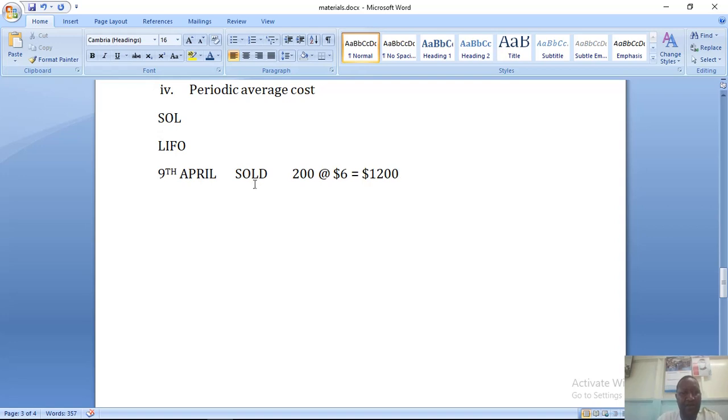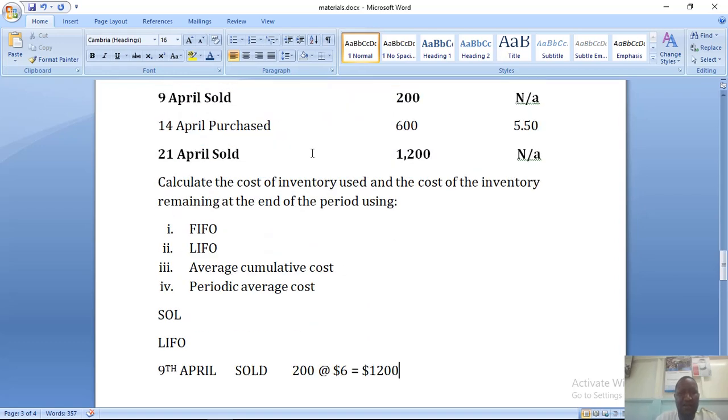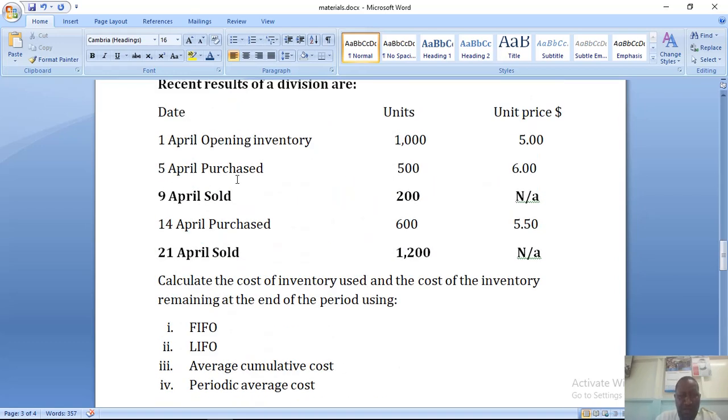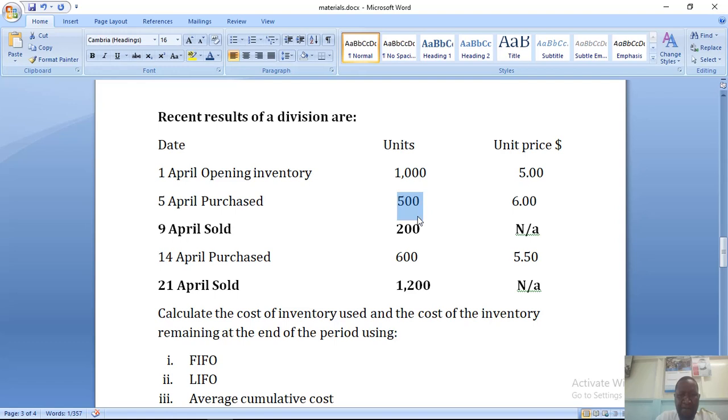That's the cost of issue for the 200 units issued on the 9th of April. So if you get back to the table, 200 units have been issued from this consignment, so we should be remaining with 300 units from the units received on 5th April.